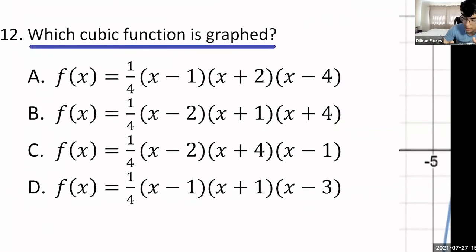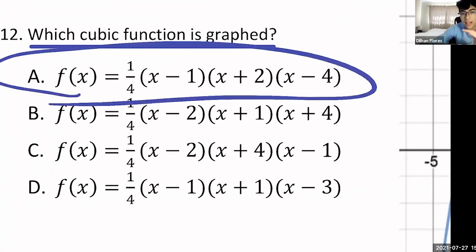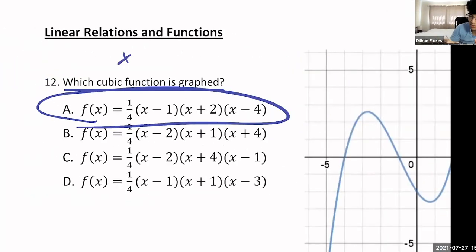So let's say for answer choice A, we want to get the x-intercepts from answer choice A. That's going to be +1, -2, and +4, right?